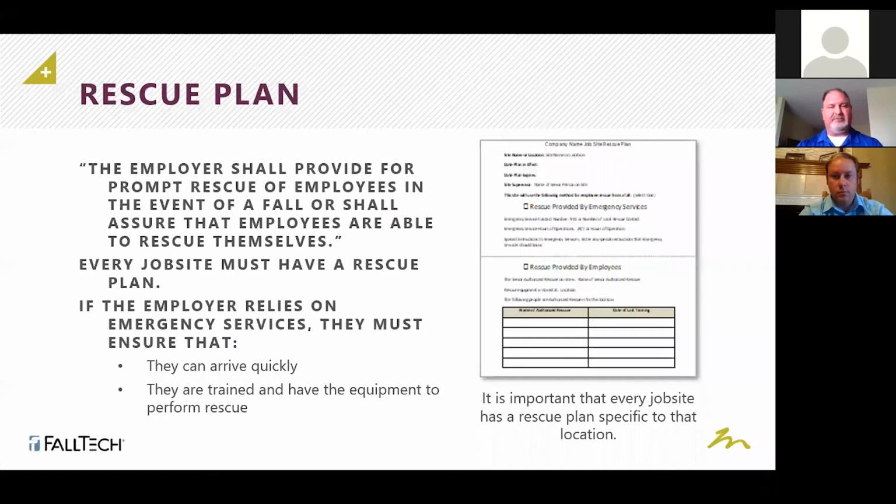A lot of times we just get blank stares. This is very, very crucial. On any job site where you have people in fall protection or at heights, in the event that they fall, we need to have a rescue plan ready for them. It may be a ladder, a lift, or you may have to have a high angle rescue trained team there for rescue.